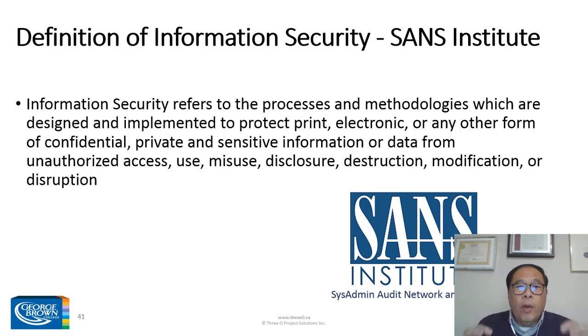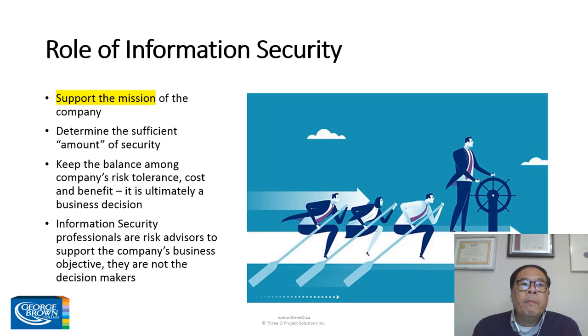Okay? The way that we are protecting information is from unauthorized access, unauthorized use, disclosure, destruction, unauthorized modification, or disruption to the systems that support that information and make it available. Okay, good definition.